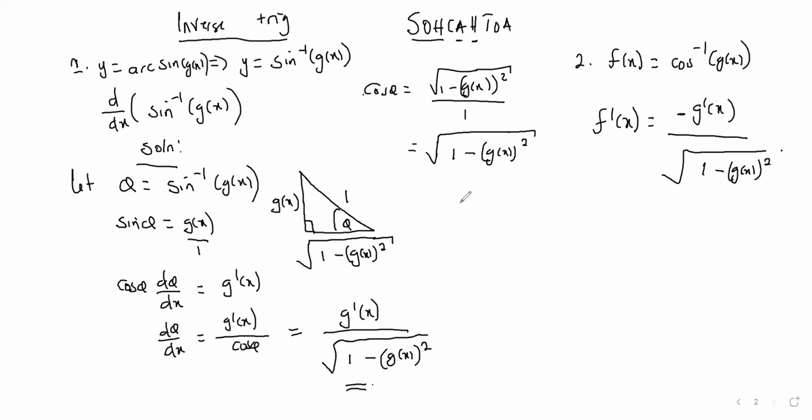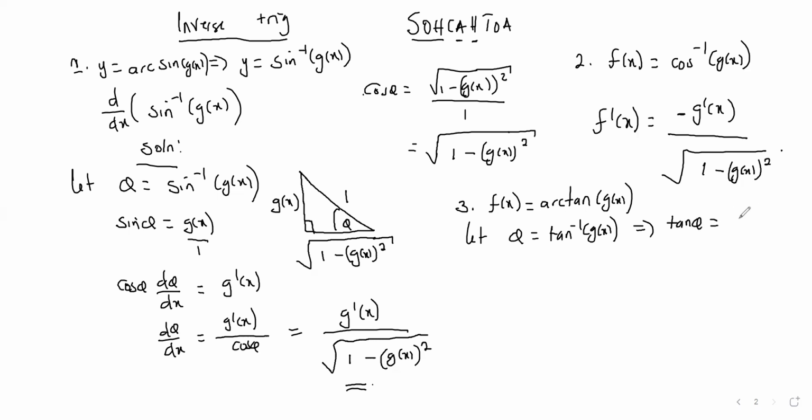And then now, the third one. I want to do f(x) is equal to arctan of g(x). You let theta be equal to tan inverse of g(x). This simply means I'll have tan theta is equal to g(x).